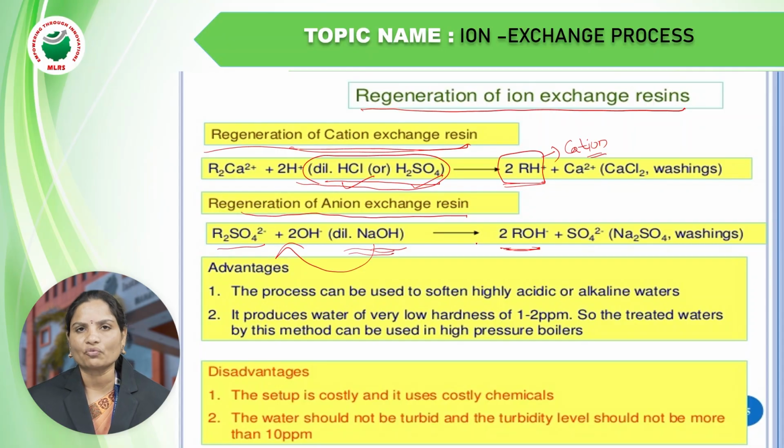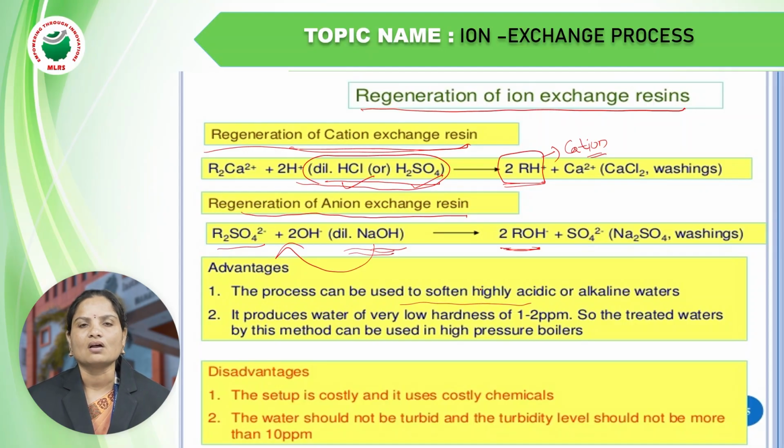Then what are the advantages of the ion exchange process? This process produces soft water. Almost all the ions can be eliminated, which means purification. The hardness is very low, equal to 0 to 2 ppm.